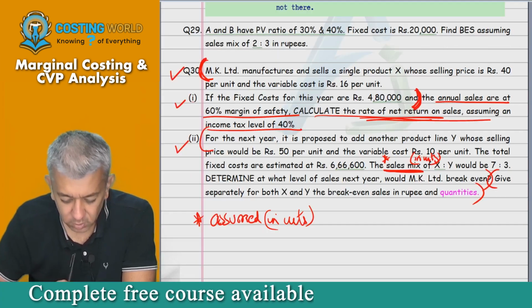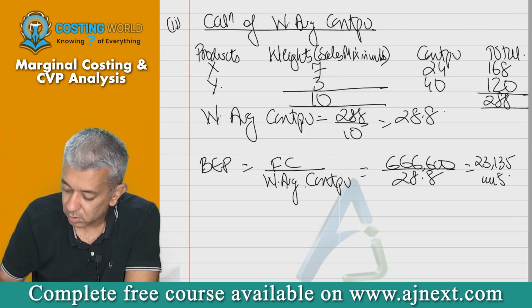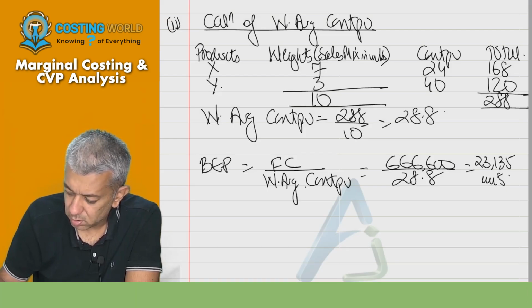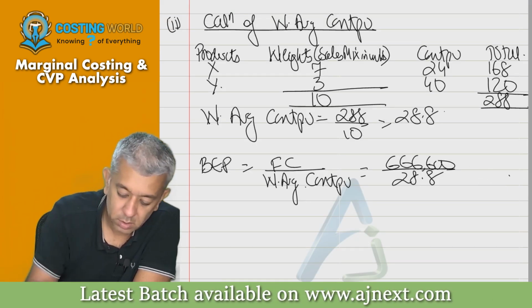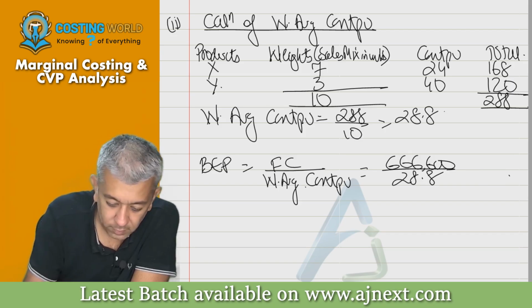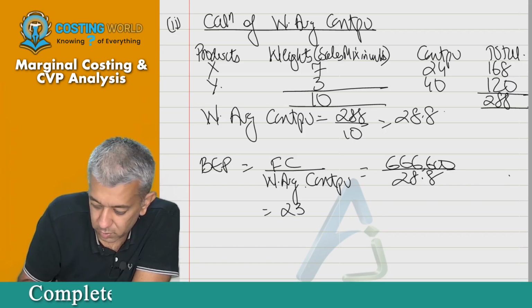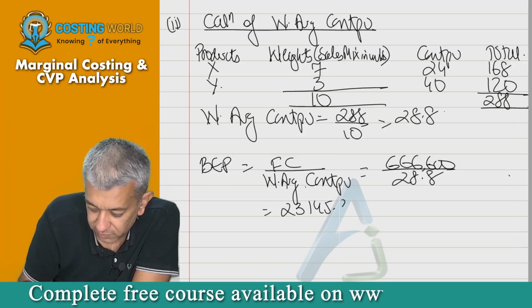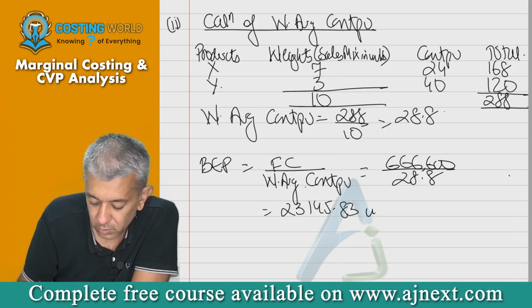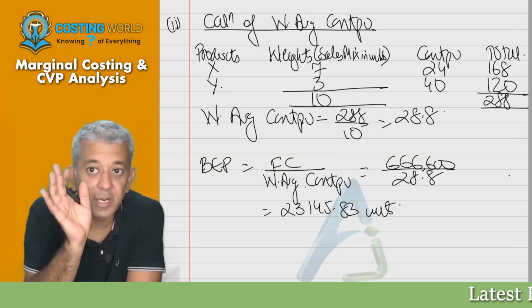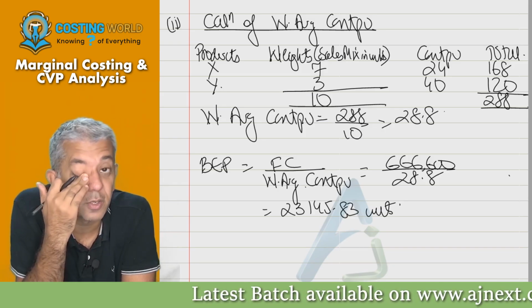There are 4 sixes or 3 sixes? 4 sixes. 23,145.83 units. Correct, no? Yes. Okay, please, everybody reach till here. You tell me you have reached, and I'll continue further.